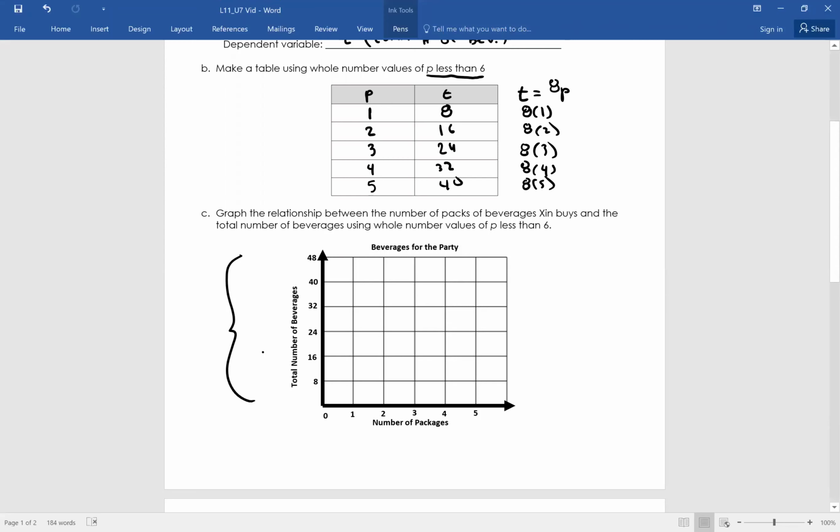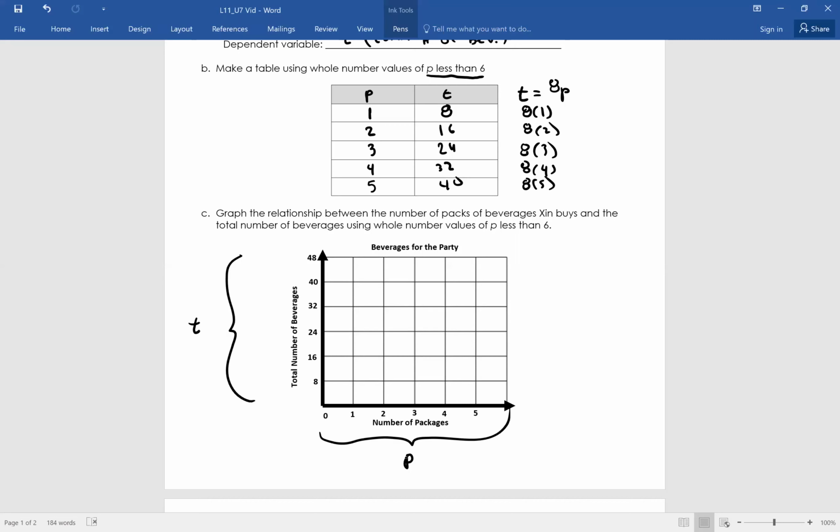So we know which column goes into that one. Yes, the second column, where it represents the T. The x-axis shows the number of packages. So I'm going to go ahead and put a T here and a P here.